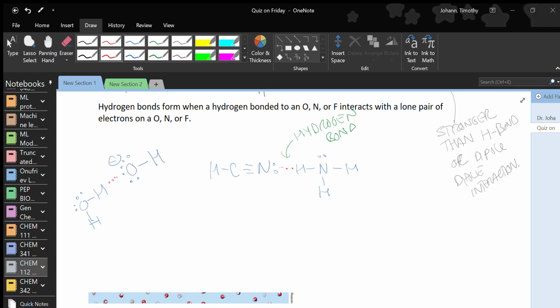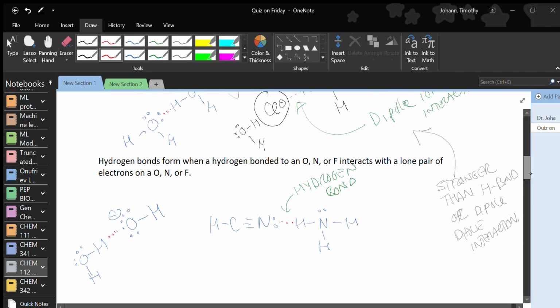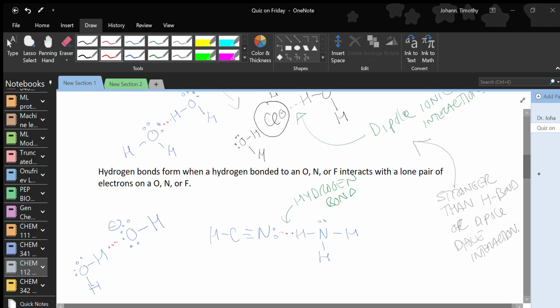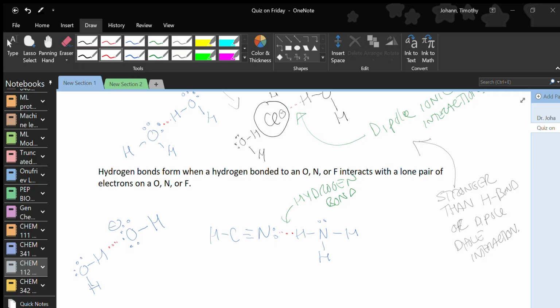I would accept hydrogen bond there probably as well. I would accept a number of different things because I don't want us to get bogged down in what we're technically calling things. What I would want you to be able to tell me is, is this stronger or weaker? I care much more that you understand the concepts than that you can name things correctly. But there will be some identifying things.